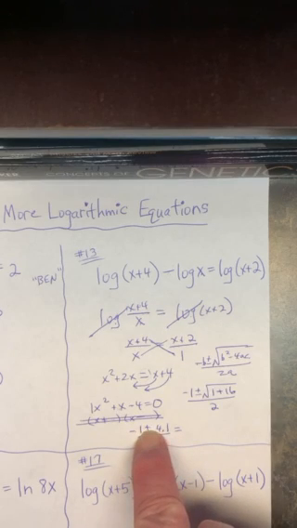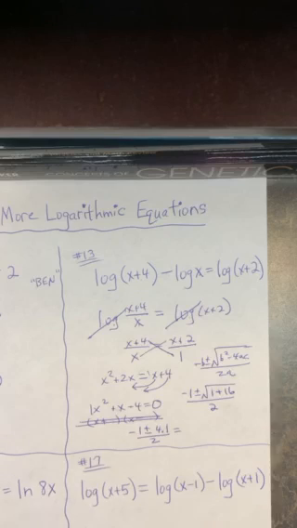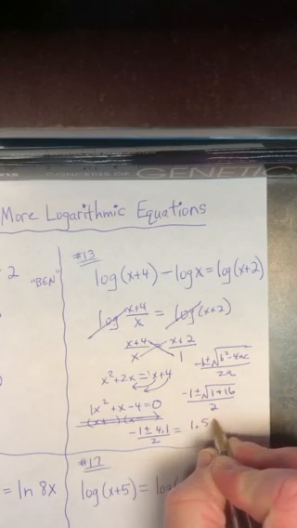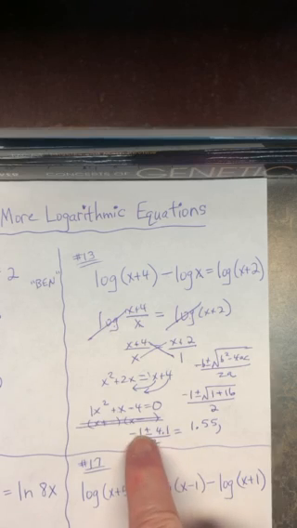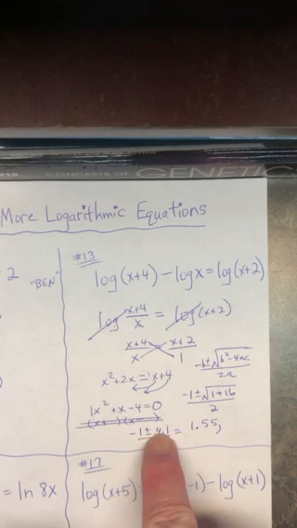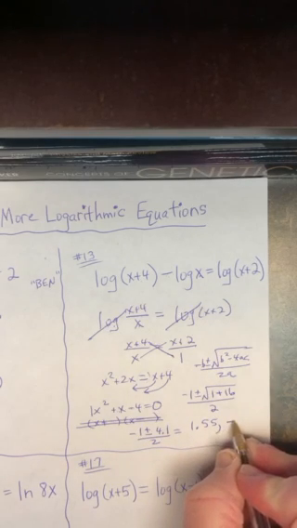Pretend it's not there. -1 plus 4.1 is what? 3.1 divided by 2. Oh, so if I push 3.1 divided by 2, I get 1.55. And then my other answer, -1 minus 4.1 is -5.1 divided by 2, creating some negative answer.